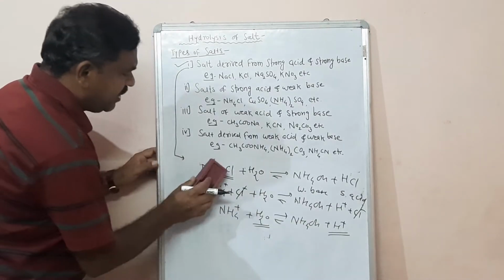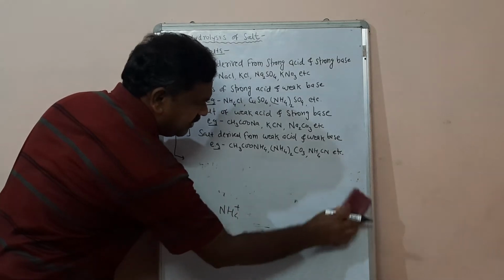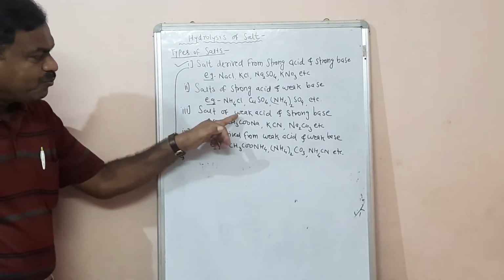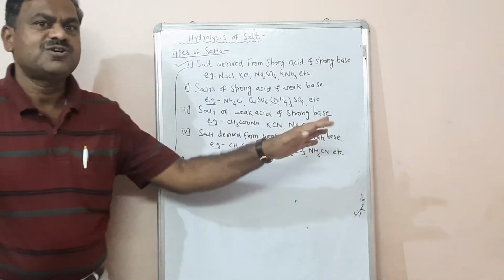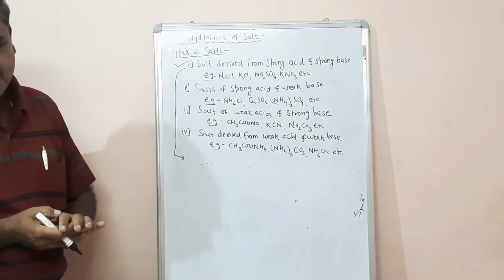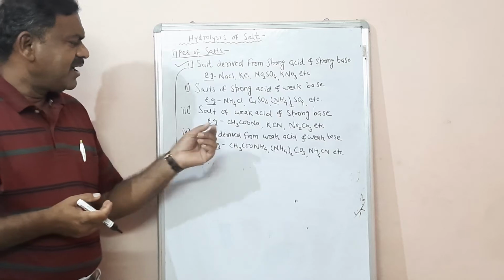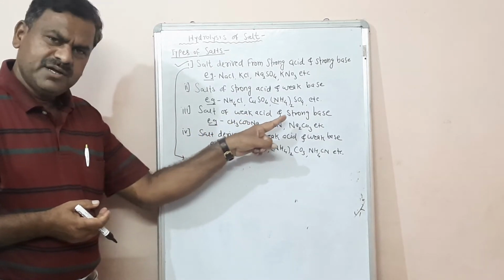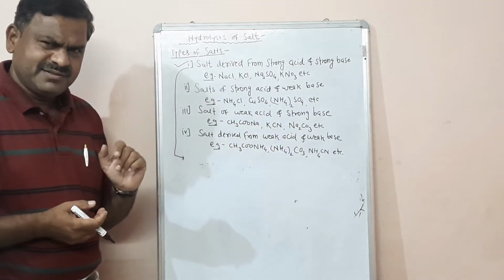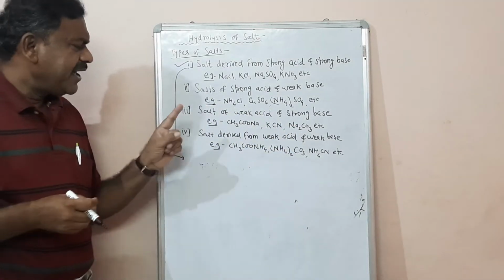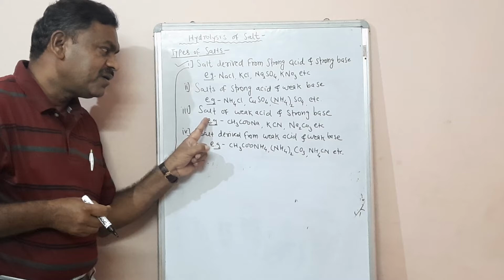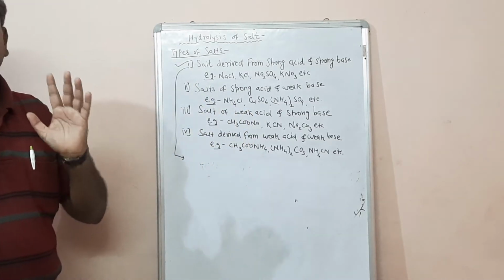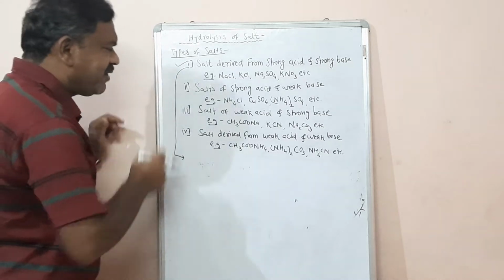Then the third type of salt is the salt of a weak acid and a strong base. Examples are sodium acetate, potassium cyanide, and sodium carbonate. These are important examples of salts of a weak acid and a strong base. Now let us explain the third one.